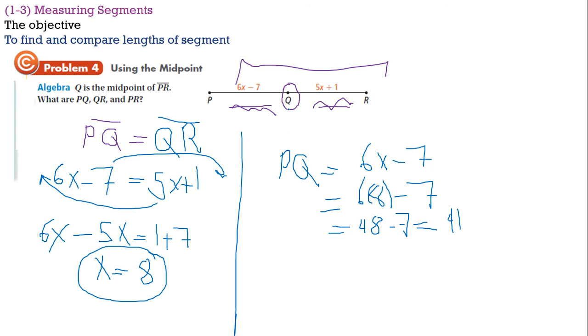You know that Q is the midpoint. That means if this one is 41, then this is also 41. So we can directly say QR is equal to 41 as well. You can write "because Q is midpoint" as a small note.